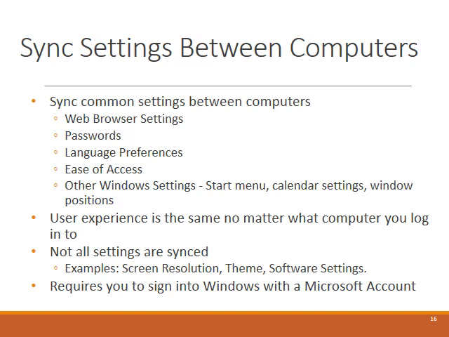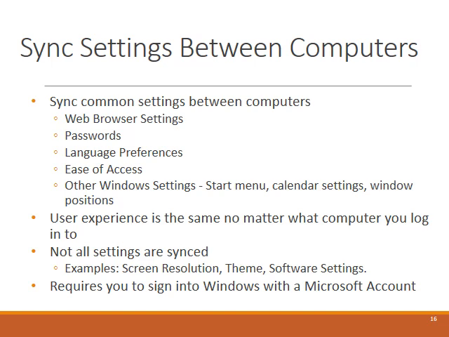One of the new features of Windows 10 is that you can sign in with a Microsoft account, and that allows you to do some really neat things. One of those is being able to sync settings automatically between computers.